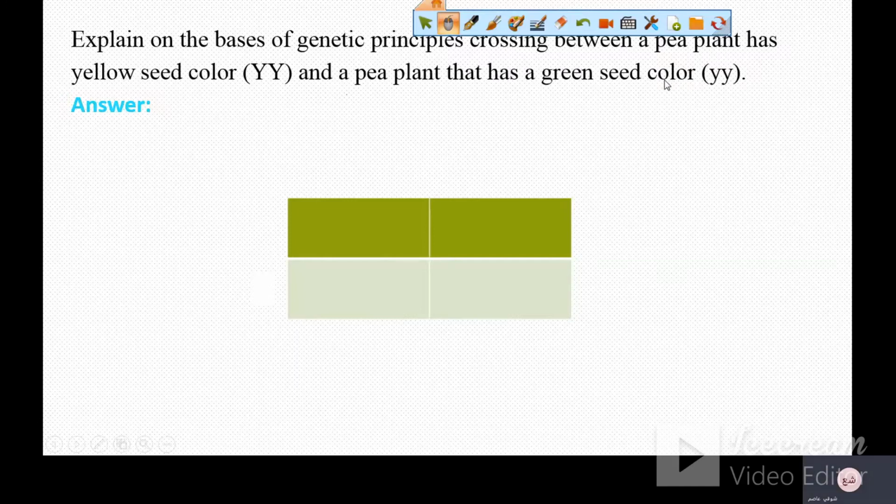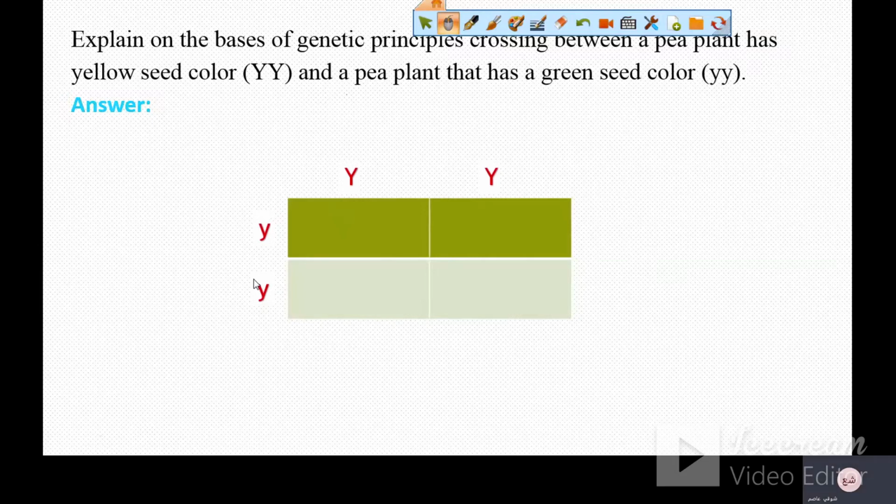So this is what's stated by Mendel's first law. To see the offsprings, let's do the Punnett square. So in the Punnett square, I'll put the first two alleles for the yellow seed color, and then here I'll put Y small for the green one.